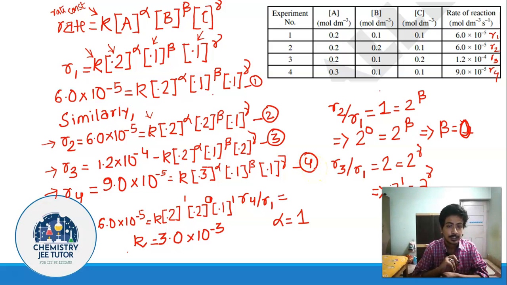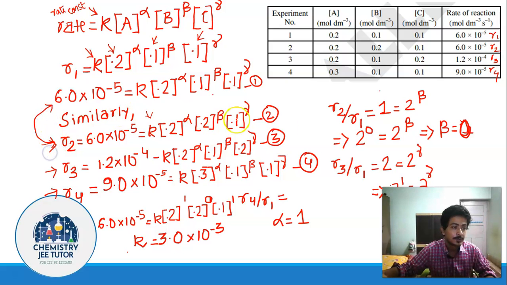Now what we are doing, we are dividing R2 by R1. So what are we getting? If you divide this, you understand you are getting 1 here, and on the other side this and this get cancelled, and the alpha portion also gets cancelled. Now you are left with 0.2 to the power beta by 0.1 to the power beta.